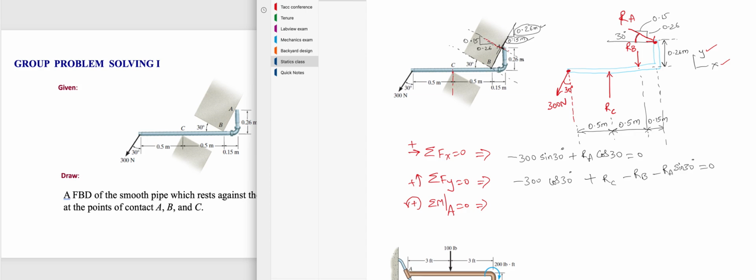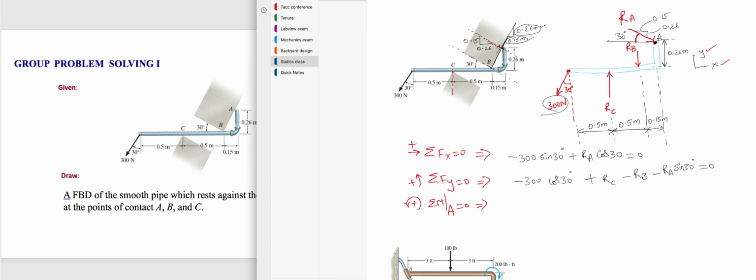So when we do this, let's start with 300 newtons with respect to A. So point A is here. So this is A. Now, with respect to A, let's start with this 300 Newton. So 300 Newton, let's take the X and Y components.